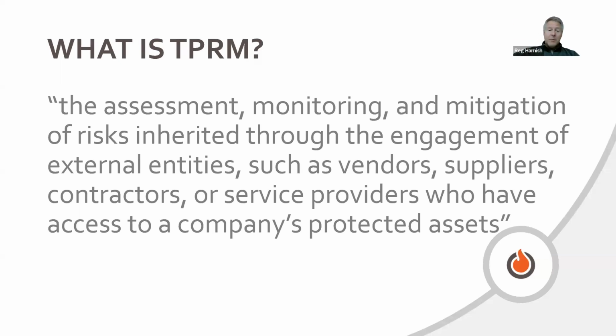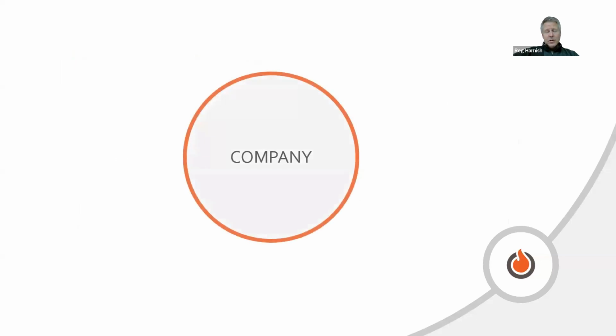And these risks can come from any third party, whether it's a vendor providing IT services, a supplier of internet, or software developers from another country. If a third party, a separate legal entity, has access to or takes custody of your protected assets, and I'll talk about what those are, then there is a chance that they are introducing risk that you should be aware of. So what does this look like today?